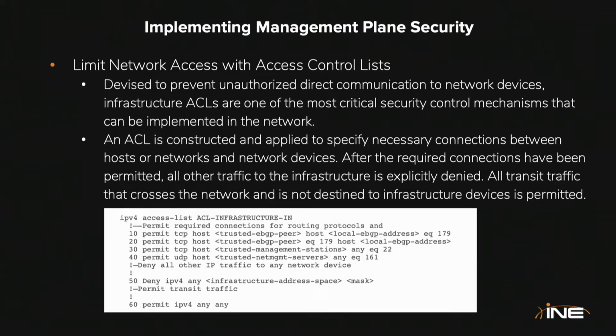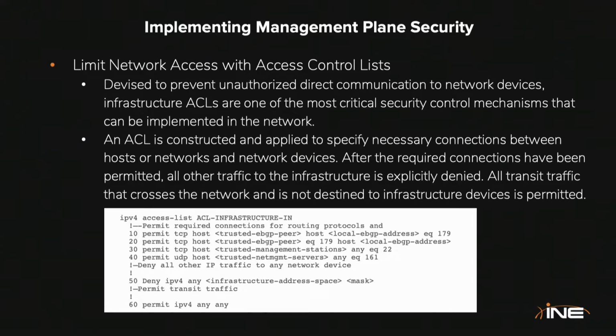So I would control my telnet or SSH by applying an access list to my console, and I would also apply an access list to my management interface, to define what traffic can come in destined to the device and what traffic is allowed to transit that device.